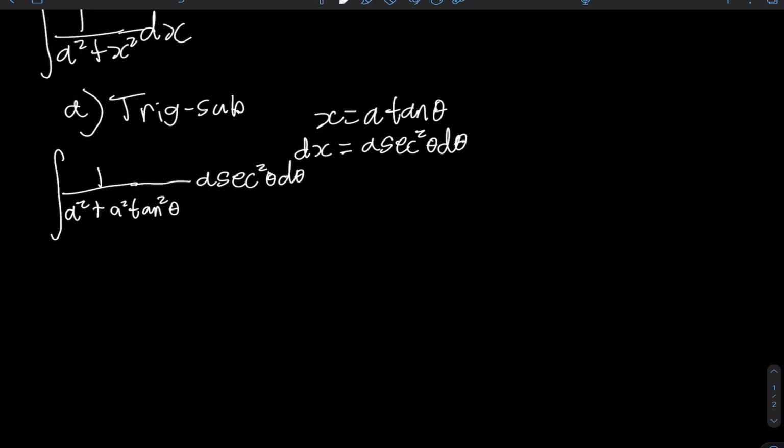The first thing we notice here is that we can factorize the a squared in the denominator. So we have 1 over a squared, and then we have 1 plus tangent squared theta, which is why we use a trig sub, because we know that 1 plus tangent squared theta is our trig identity. For our dx, we can take the a out because it's a constant, and we have secant squared theta d theta.